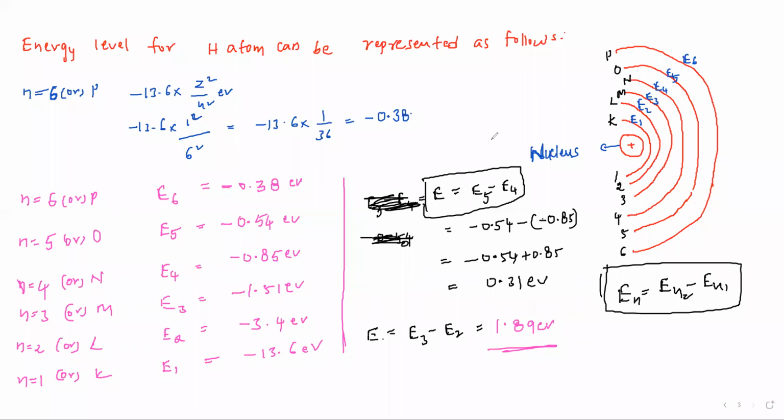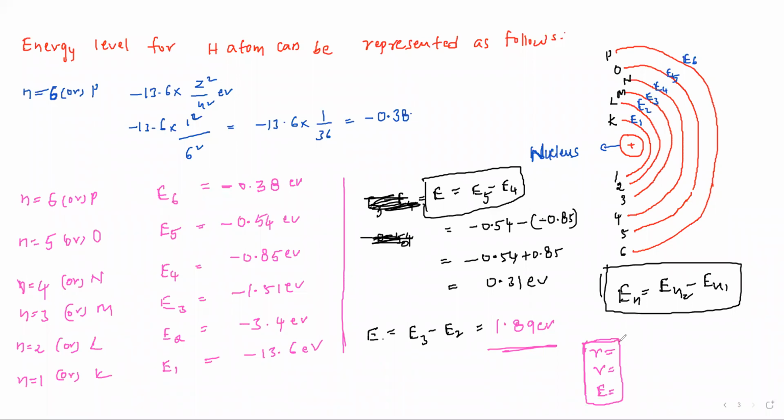So here you have to remember, in Bohr's model, the radius of orbit, the velocity of an electron, and the energy of an electron. These three formulas you have to remember to calculate the problems. Up to here clear, everyone?